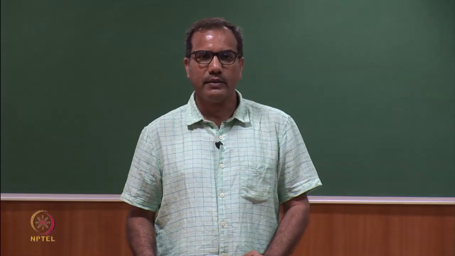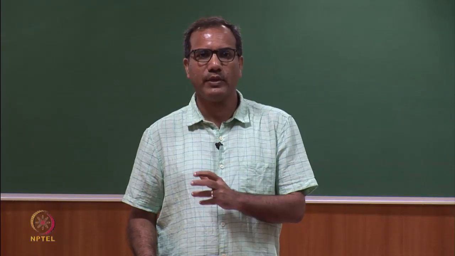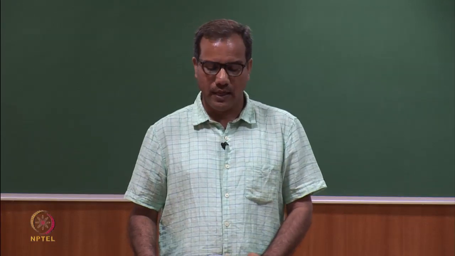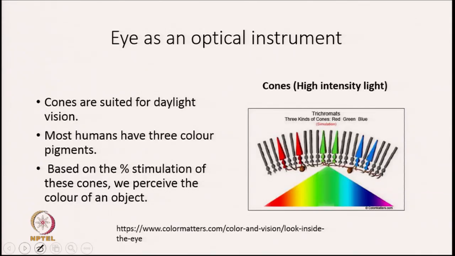On the other hand, cones are suited for daylight vision and cones have different kind of color pigments. They have three color pigments. Here you can see these two are blue, these two are green and these two are red.